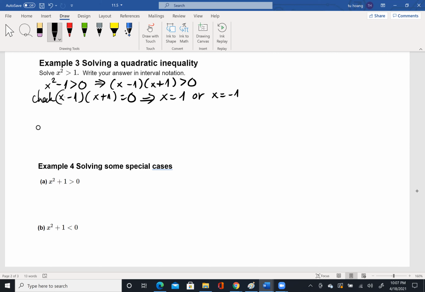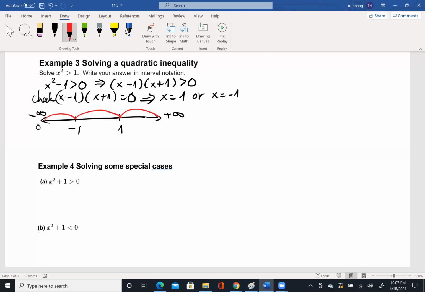So I will have a number line: negative infinity, positive infinity, -1, and then 1. And again, this splits into 3 intervals, right?